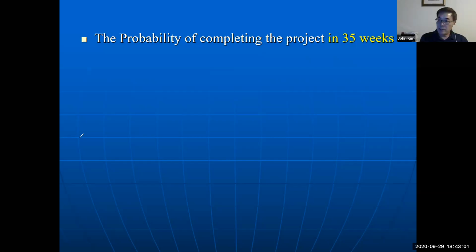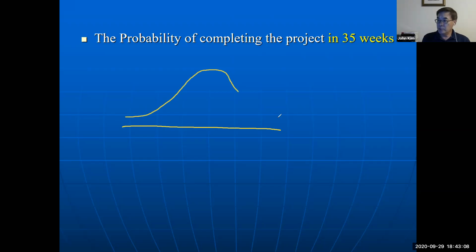So in a normal distribution, the expected time is 38. So it can finish early and it can finish late.